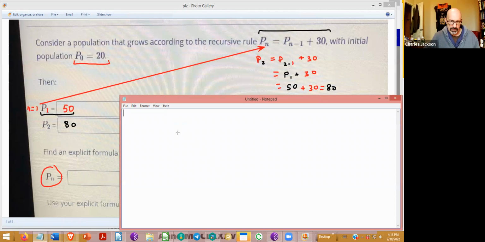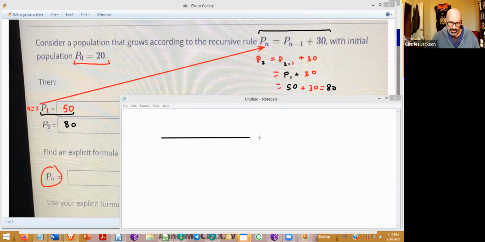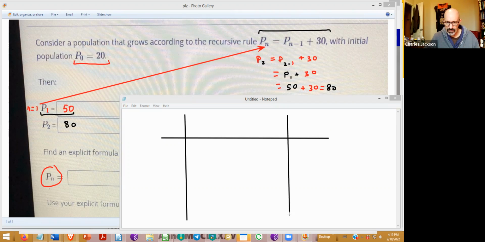So it's good to make a table to figure out what's going on with this sequence of populations. For different values of n, 0, 1, 2, the P sub n's for those we found to be, we were given 20, and we found 50, and we found 80.